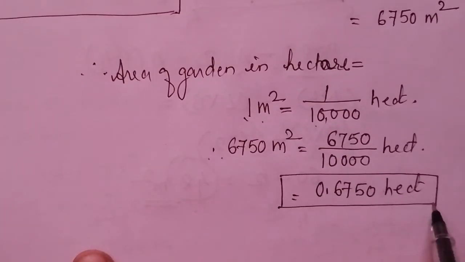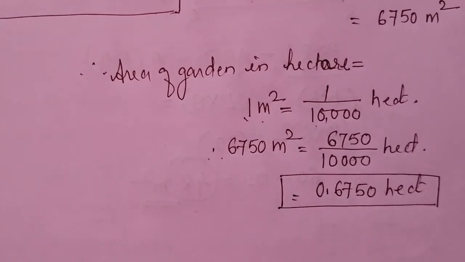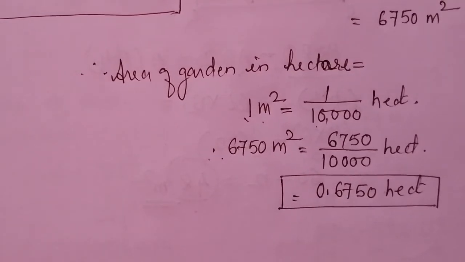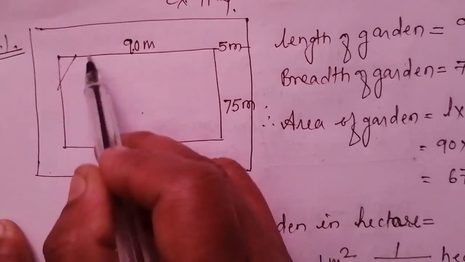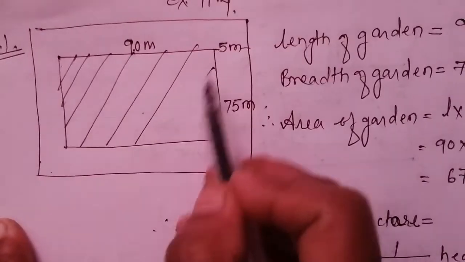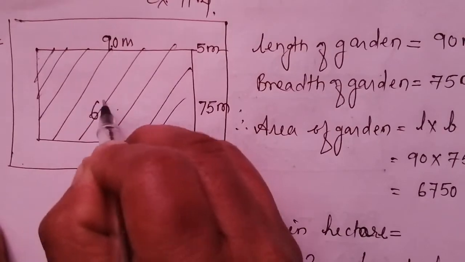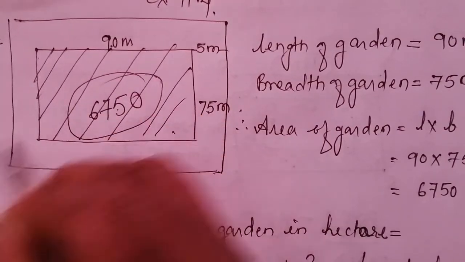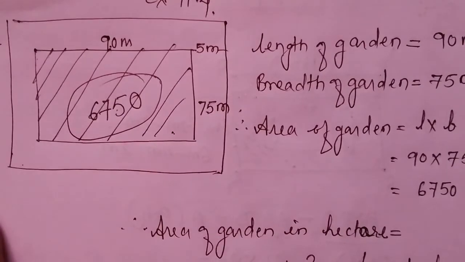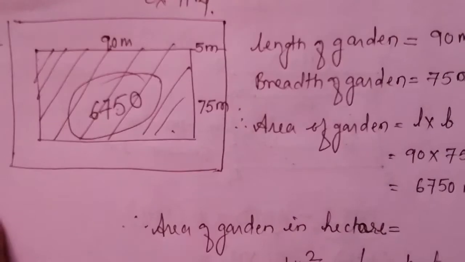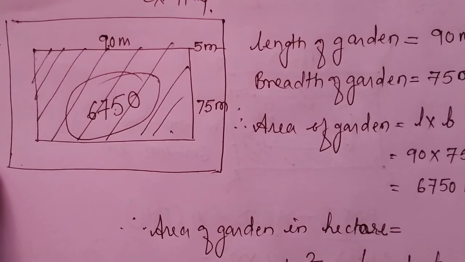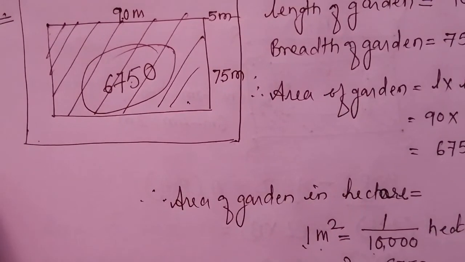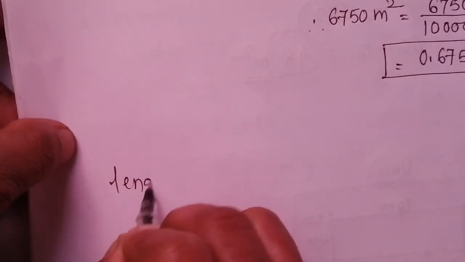Our second question is to find the area of the garden in hectare, right? Now here we got the area of the garden, 6750. Now you have to find the area of the bigger rectangle, that is, the area of the garden with the path. For that, first you have to find the length of the garden with the path.